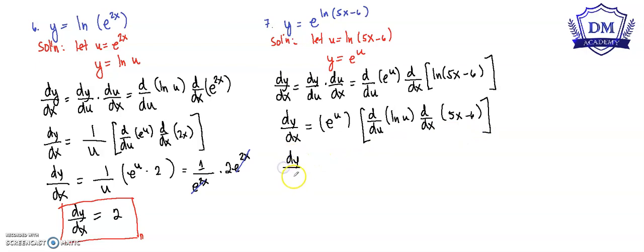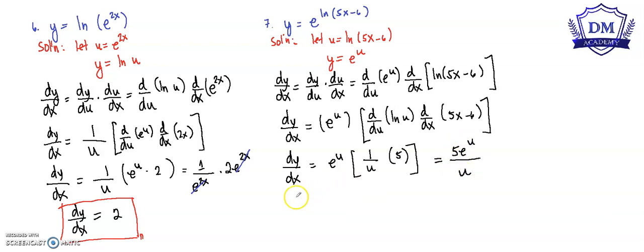Okay, we have dy over dx is equal to e raised to u times the derivative of ln of u, which is 1 over u, multiplied by the derivative of 5x minus 6, which is 5. Okay, this is e raised to u multiplied by 1 over u times 5, which is 5e raised to u all over u.